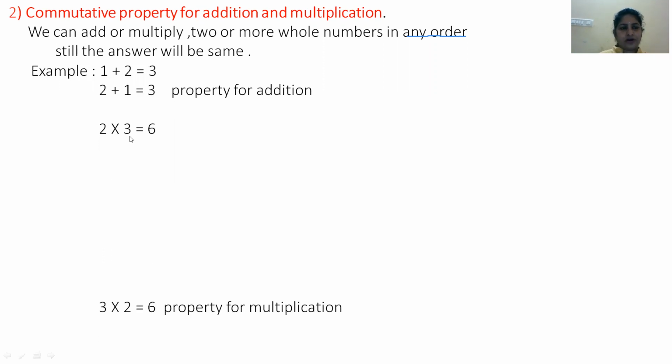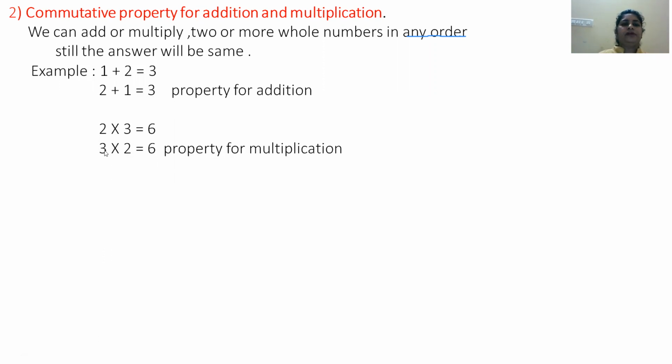Let me change the order now. 3 into 2. Instead of 2, I wrote 3, then instead of 3, I wrote 2. Again, the final answer will be 6. 3 2s are 6. So this is the property for multiplication. We can add or multiply two or more whole numbers in any order. Still the answer will be the same.